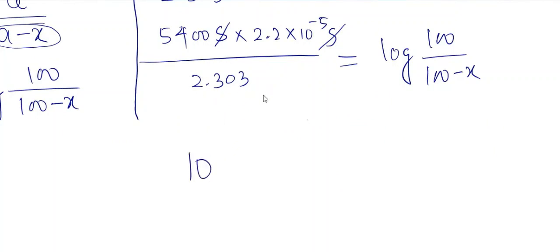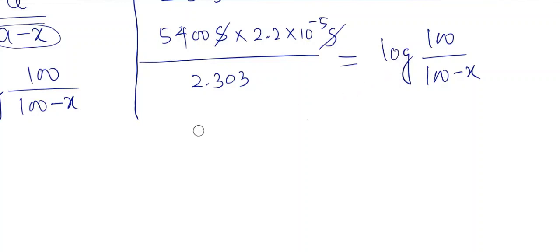When you solve this portion, you will get 1.something. Since I have to remove the logarithm on the right side, I will take the anti-log of the value on the left side, and then the log on the right side will be removed.